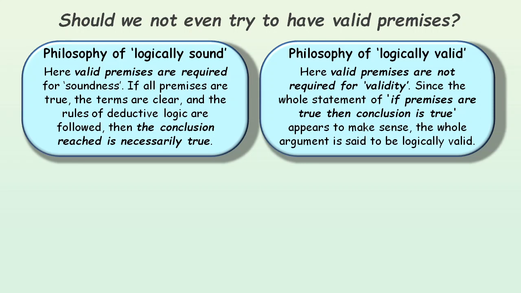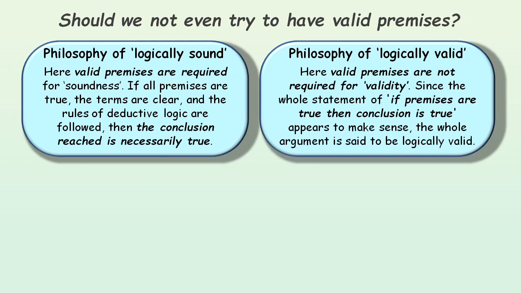It doesn't matter if a premise is later found to be invalid, because the conclusion would still be true if the premise had been valid in the first place. And that's apparently all that matters for something to be called logically valid.